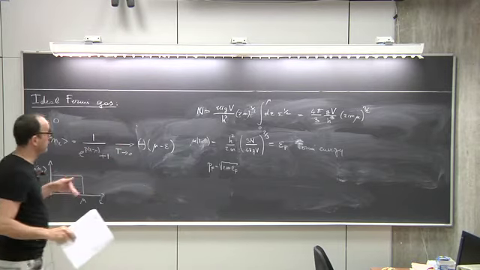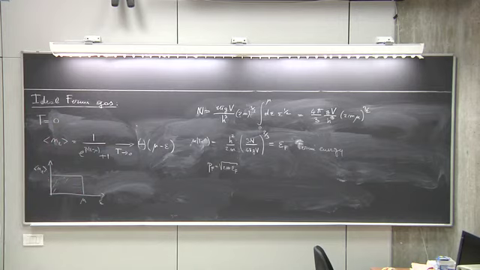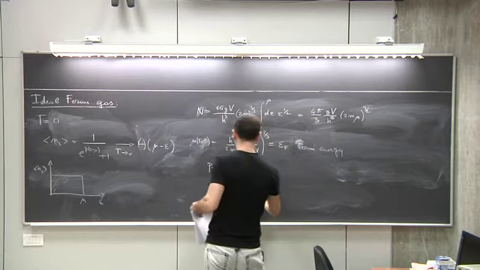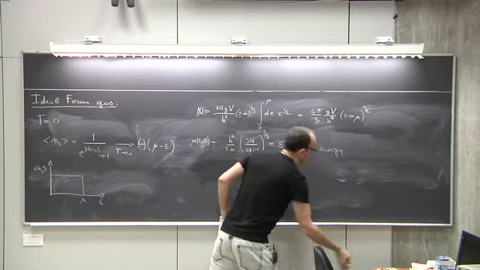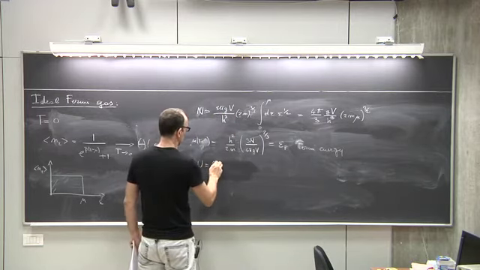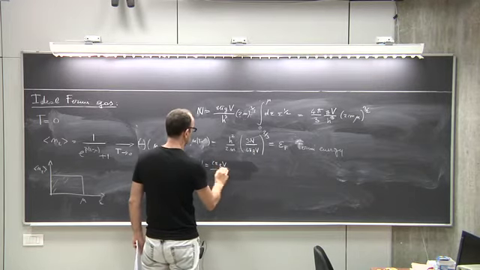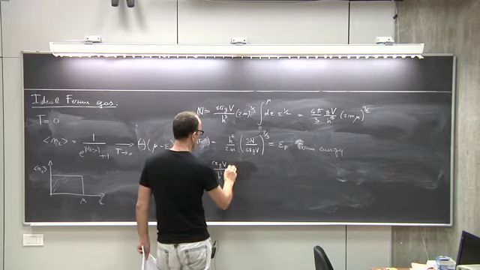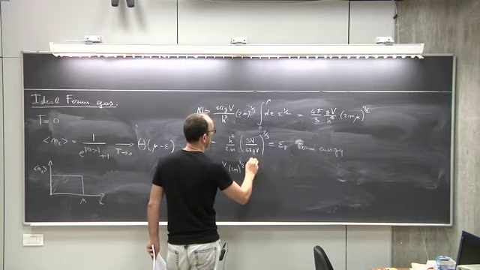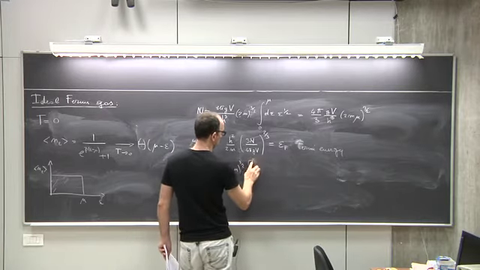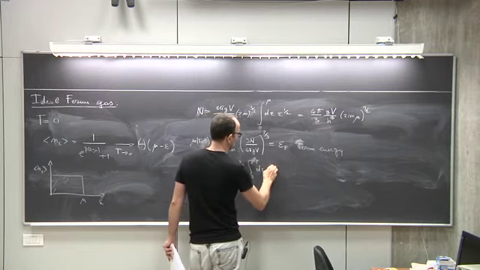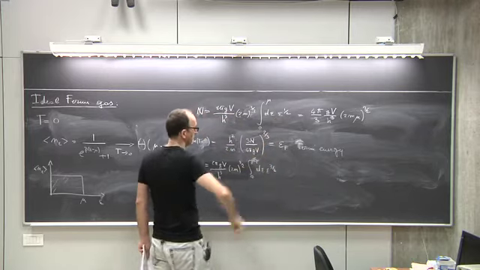So now you can compute all your thermodynamic properties. In particular, you can compute the average energy. The average energy will be just 2 pi g v over h cubed times the integral from 0 to epsilon f of d epsilon epsilon to the 3 over 2, because it's epsilon to 1/2 times epsilon.